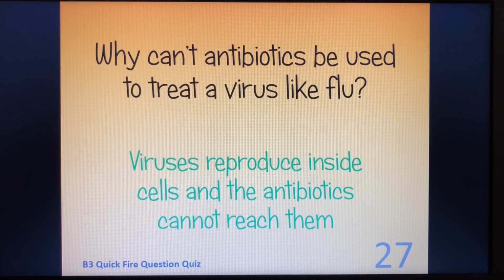So the antibiotics are used to kill bacteria because they float around in the blood and the antibiotics are able to access them. Those viruses, we call them the cheeky viruses, they get inside our cells to reproduce and the antibiotics cannot reach them. Okay, it's nothing to do with size, it's purely location that is the problem.